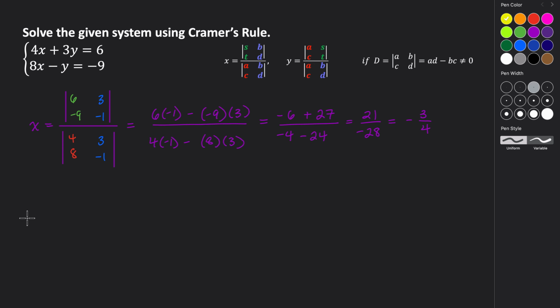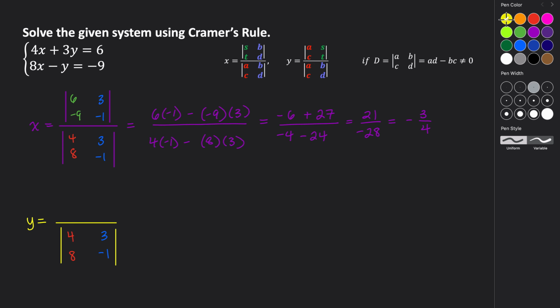The y-coordinate is going to be, so in our denominator, we still have the regular coefficient matrix that we had, the same one from the x-coordinate. So 4 and 8, which are just the x coefficients, go in the first column, and then 3 and -1 go in the second column.